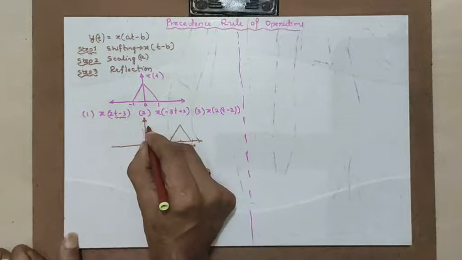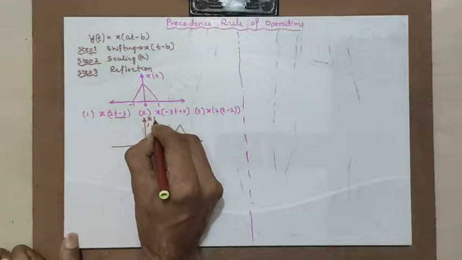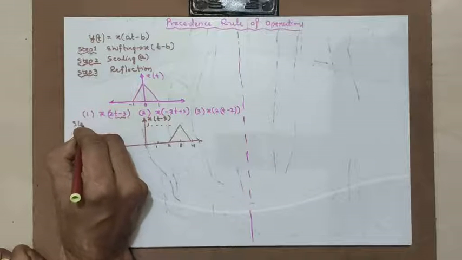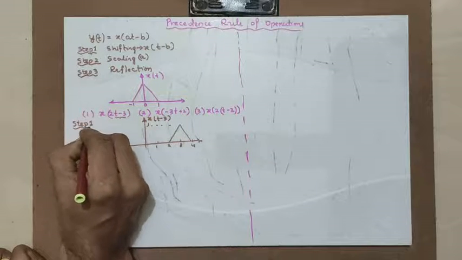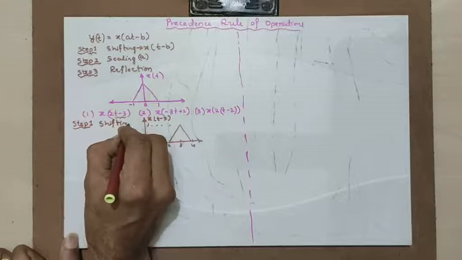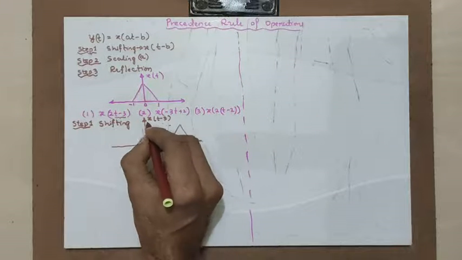Okay, my waveform shifted here. This is nothing but x of t minus 3, step 1, shifting. I did shifting now.